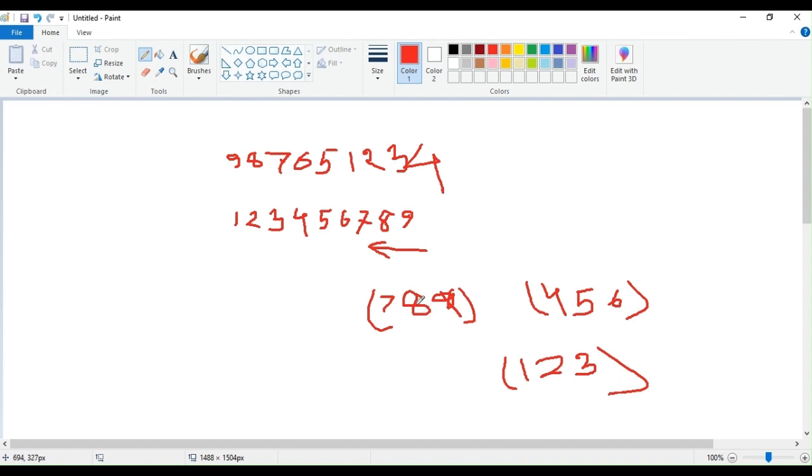Among those values, you have to pick only 8. Then from here you pick the second highest, that means 5. And here you pick 2. If you sum up these three numbers 8, 5, 2: 8 plus 5 is 13, plus 2 is 15.